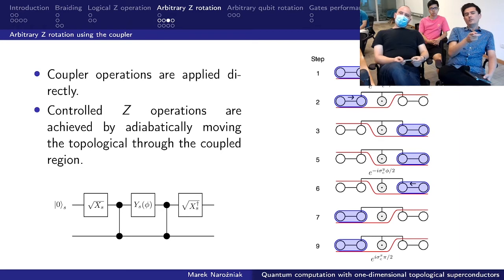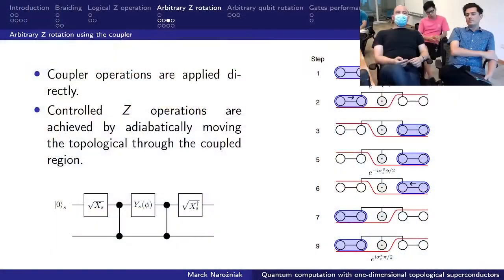So the coupler is part of the Kitaev chain, or is it totally separate from it? The coupler has to be separate from the Kitaev chain, because if the coupler was inside of the Kitaev chain, the coupler is just sigma z. That would correspond to having an unpaired Majorana mode inside of the chain.